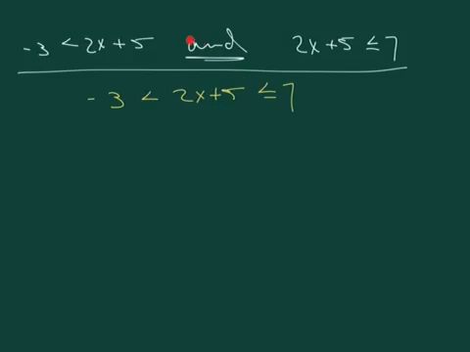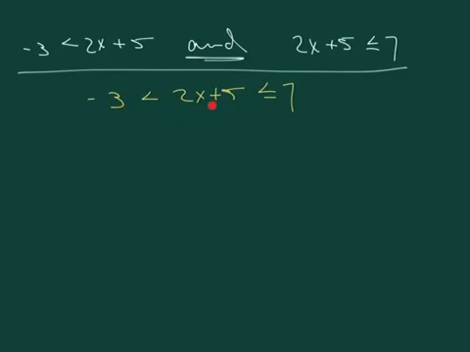Only when I have an and. If I had an or, you couldn't do that, because and is a compound inequality or a conjunction. And when we have the word or, we have something else. We have what's called a disjunction, but we'll get into that in a minute.